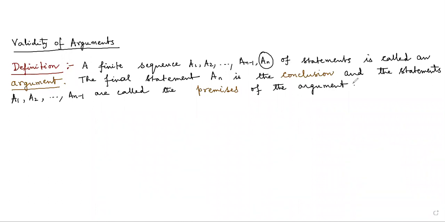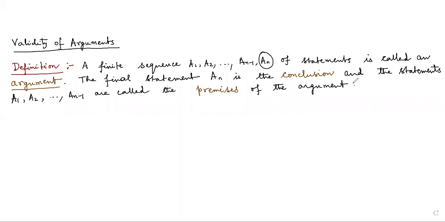As you all know, both of these statements can be judged by a truth table, so these sentences are statements. But if I say that I have taken my lunch and I am feeling hungry, maybe you will say that I am a glutton. So it is not a valid argument. The argument is: I am feeling hungry and that's why I have taken my lunch. Therefore, you have to consider all your statements in a finite sequence, in a particular order.